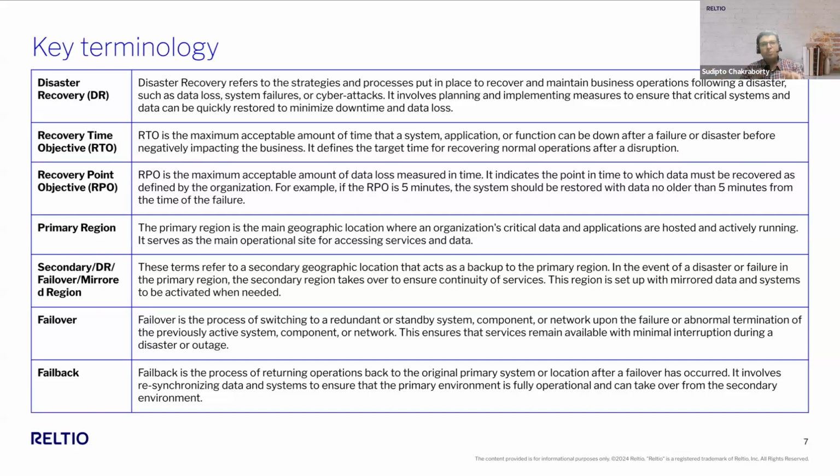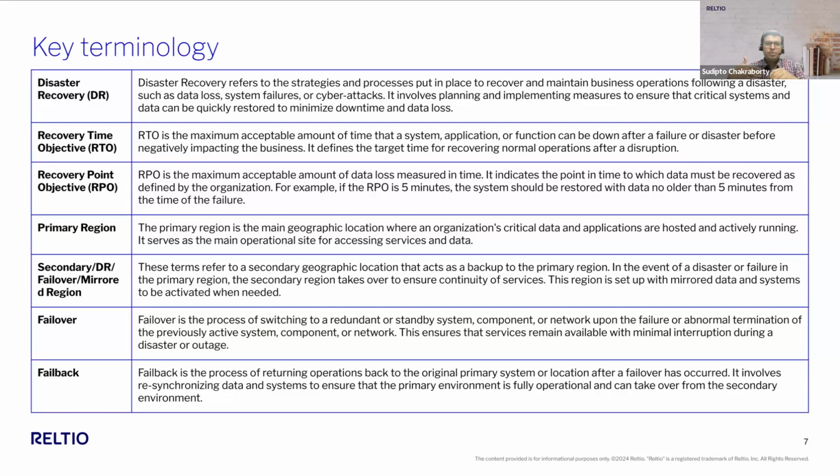And BC's RPO is less than 1 minute, meaning we aim to lose almost nothing because we are continuously replicating the data. So at most you lose under 60 seconds of the most recent data. That's essentially near zero data loss, right? Which is an outstanding achievement for any critical applications.